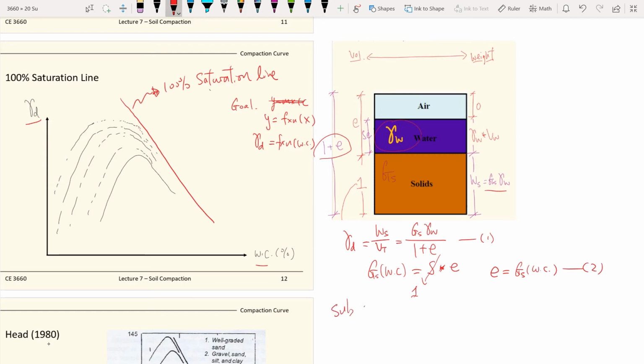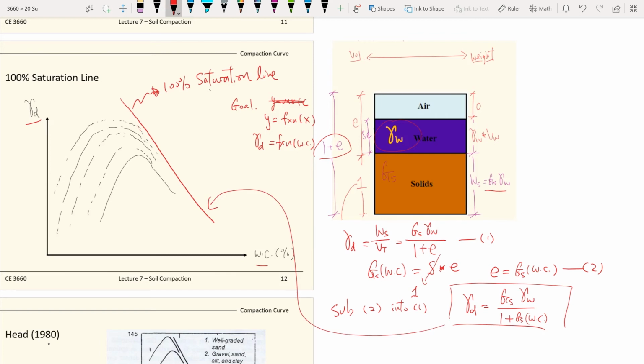Now if we substitute equation two back into equation one, we have the dry unit weight equals G sub S times the unit weight of water, divided by 1 plus G sub S times the water content. This is exactly what we want. This is the equation for the 100% saturation line along with the compaction curve.